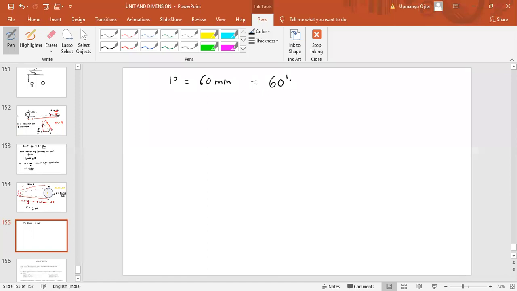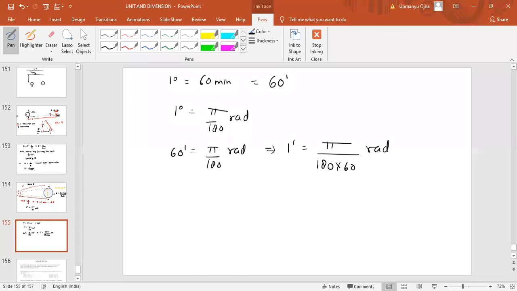So 1 degree equals 60 minutes, which is equal to pi by 180 radians. So from here, can we get the value of 1 minute? 1 minute equals pi by 180 into 60 radians.